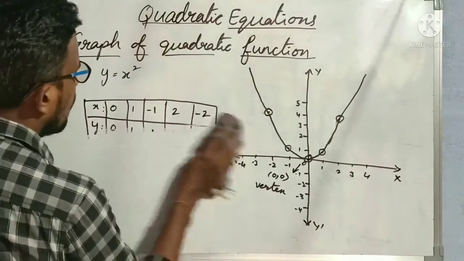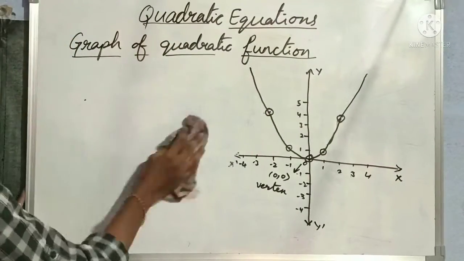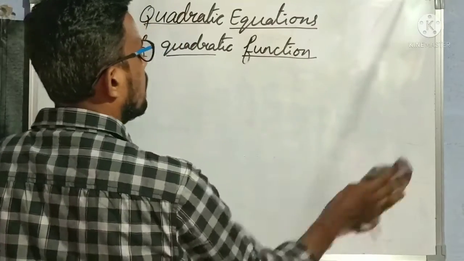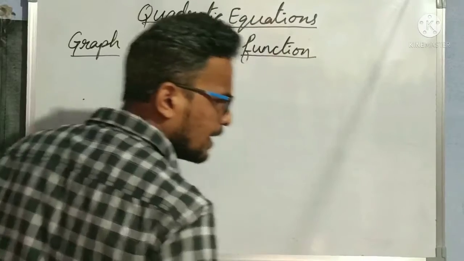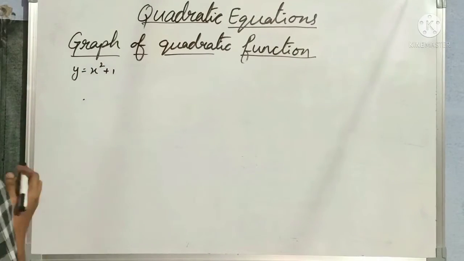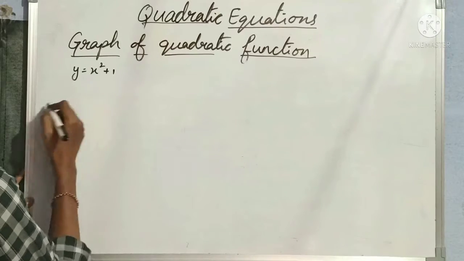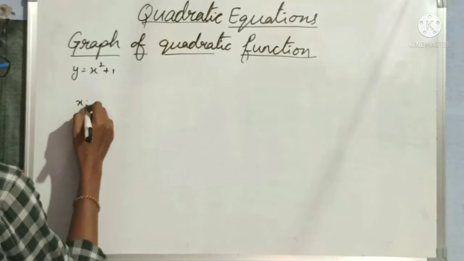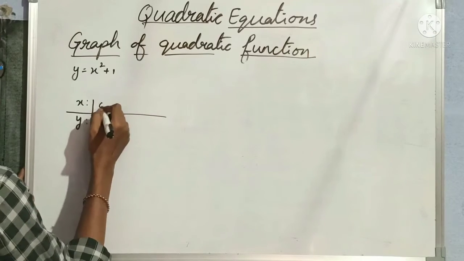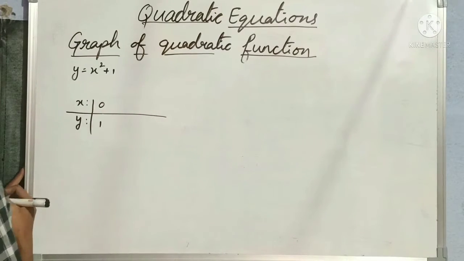So now let us see how we get the graph of y is equal to x square plus 1 and x square minus 1. Okay? So next let us see the graph of y is equal to x square plus 1. Now let us plot the graph for this. So x coordinate, y coordinate. If I take x coordinate as 0, then y coordinate is 1.